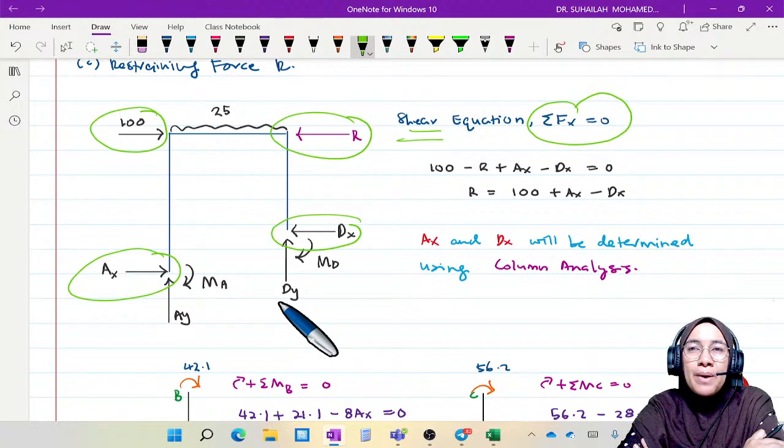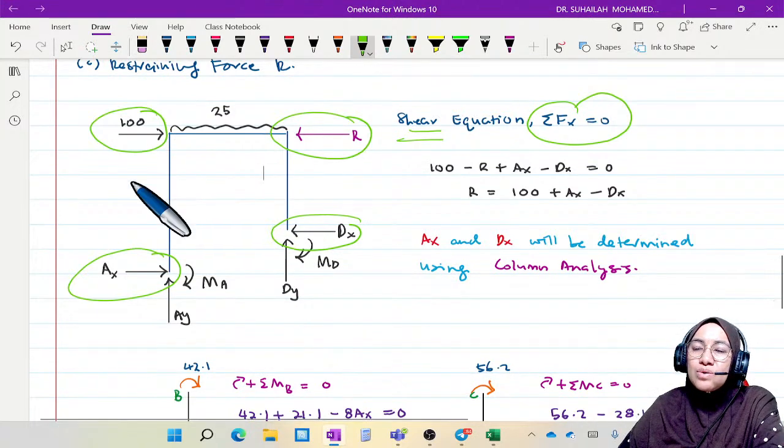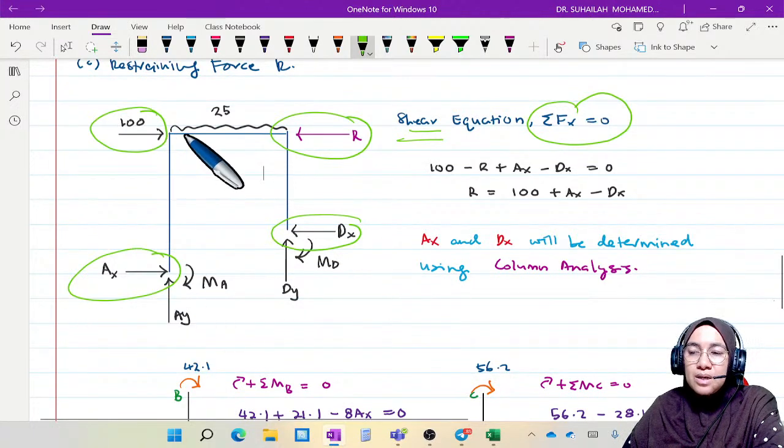If we compare with column, we write the shear equation so that we can get the R equation. Looking at the diagram, we focus on all horizontal forces and horizontal reactions.